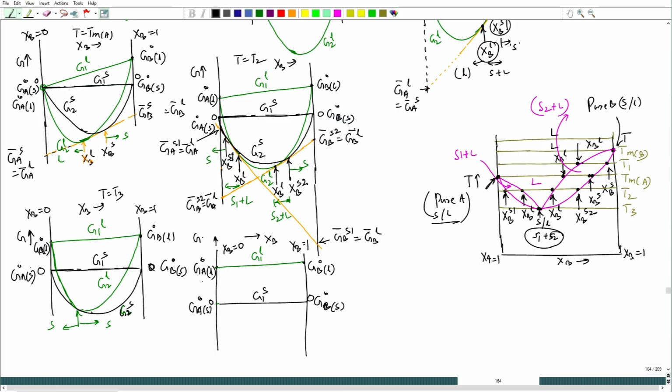So, now if I plot G 2 for liquid, this is G 2 for liquid and G 2 for solid would be, this is G 2 for solid. So, you see that over the entire composition range at T equal to T 4, solid solution free energy is lower than liquid solution free energy.